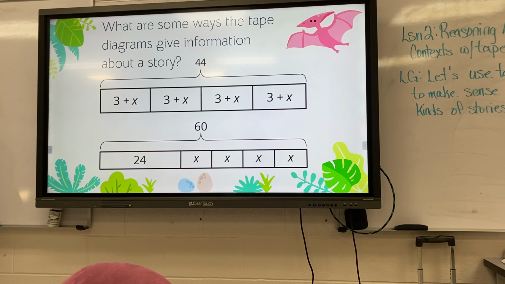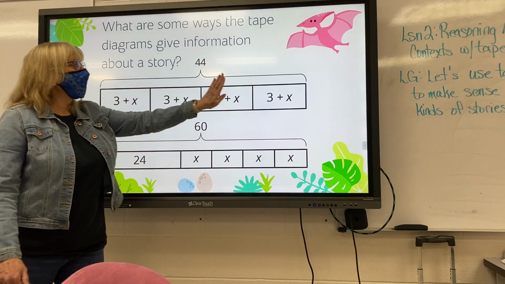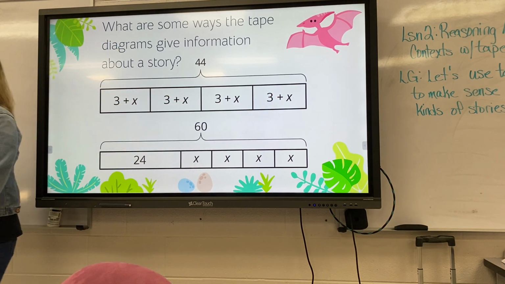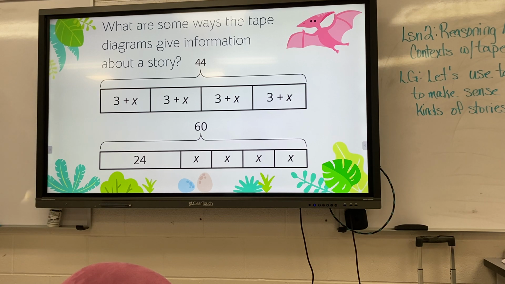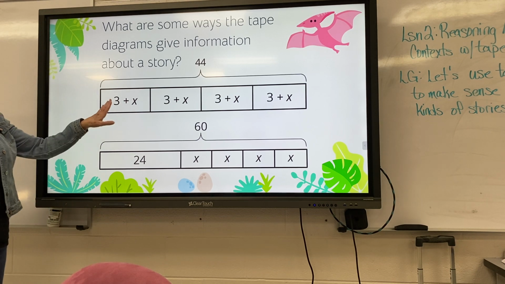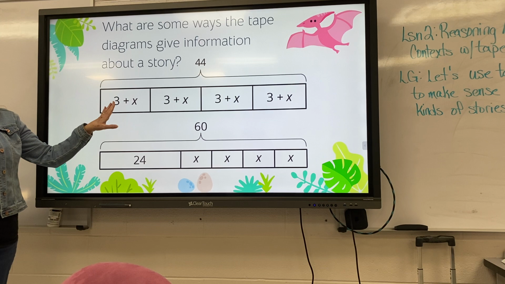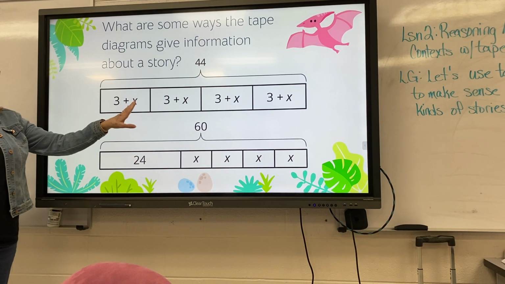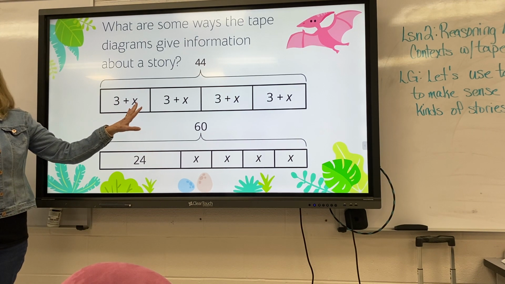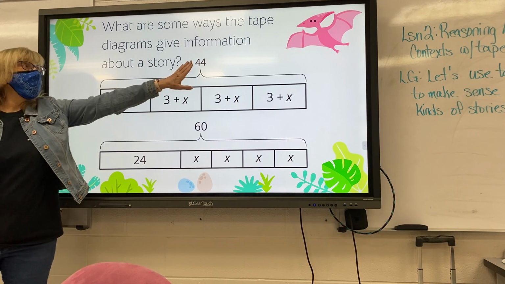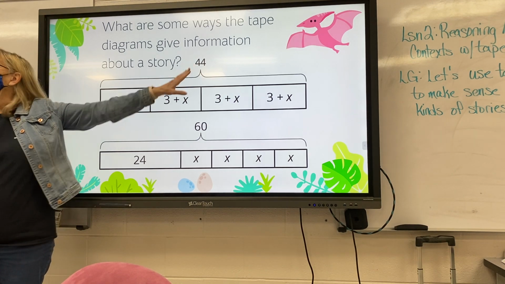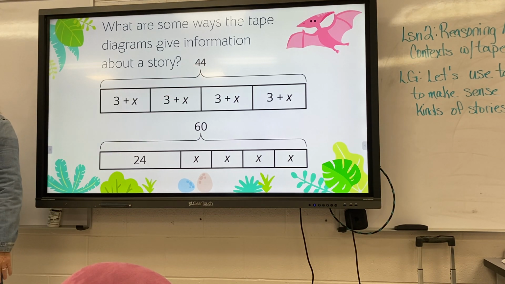Well, it's the same story as question 1. So what does each one of these blocks represent from question 1? The bags, okay? Then the 3 was the pencils he put in, and the X were the stickers that they put in. What does the 44 represent? The total number of items, okay?